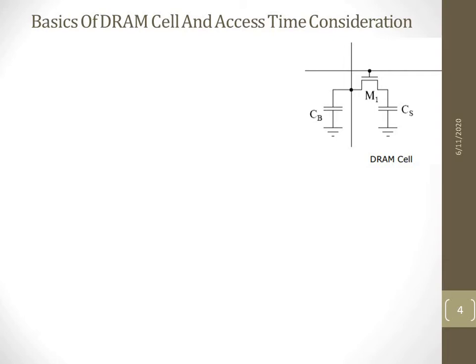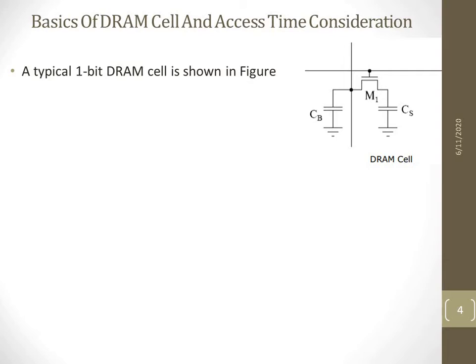Since the stored value of the capacitance changes with time, we call it dynamic. In the SRAM, we have seen it is static because there is no charge and discharge, so the stored value is constant. Whereas here, since the value varies with time, this is called a dynamic RAM cell.